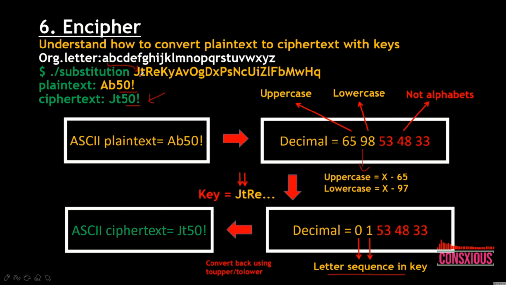Once we get this number, we know this is 0 and this is 1. Then we convert back using the toupper and tolower functions from the library, so we convert back to the original plaintext case. This is how the process goes.